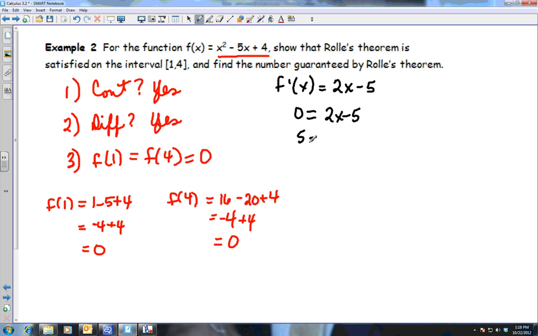So when I add 5 to both sides and divide by 2, x equals 5 halves, or 2 1/2. So if I were to graph this parabola and just show it from 1 to 4, I'm going to have a horizontal tangent at 5 over 2, which means that's going to be a minimum at 5 halves.